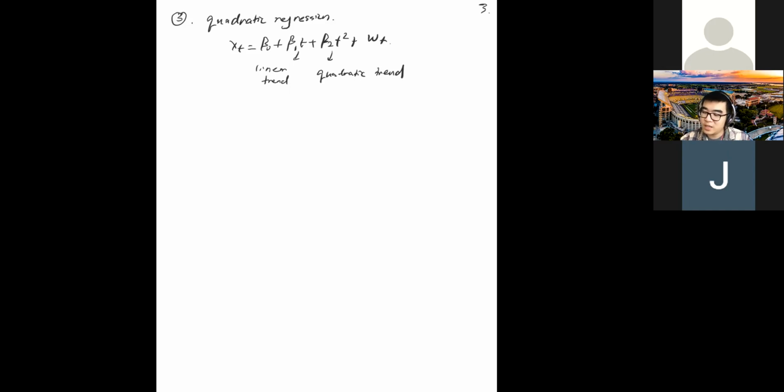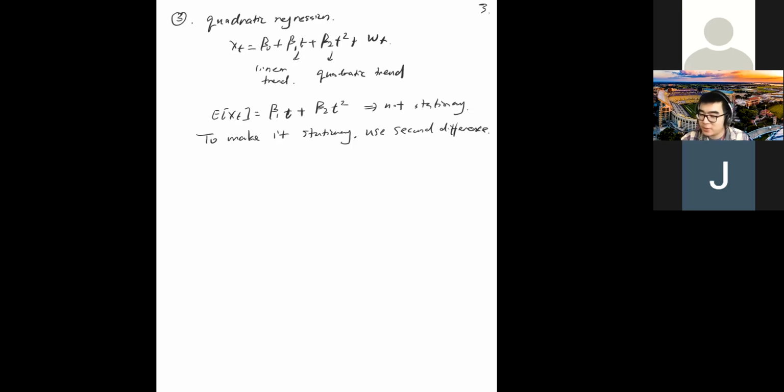Again, if you take the expectations on both sides of this model, you will find this is equal to beta_0 plus beta_1 t plus beta_2 t squared. Not stationary. In order to make it stationary, use the second difference.